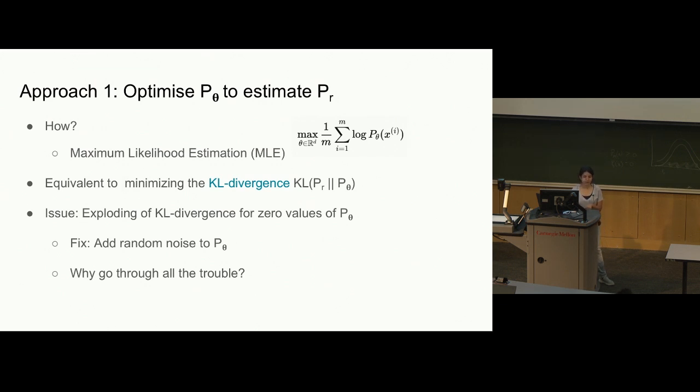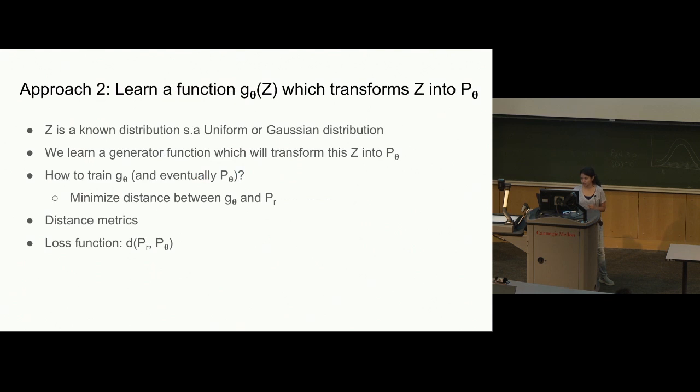So we handle this using the second approach, where we use another function G theta, which is trying to transform Z into P theta. Here Z would be any common distribution like Gaussian or uniform, for which we know the dynamics, and we're just trying to bring it as close to PR as possible.